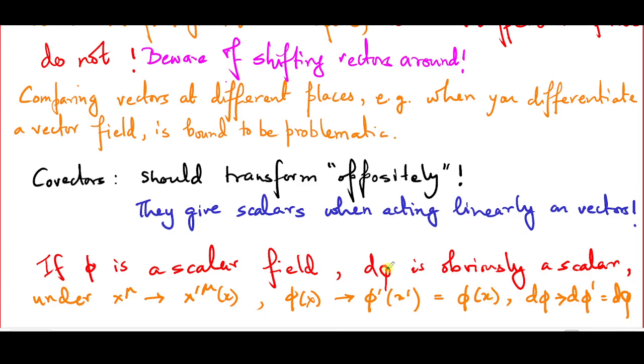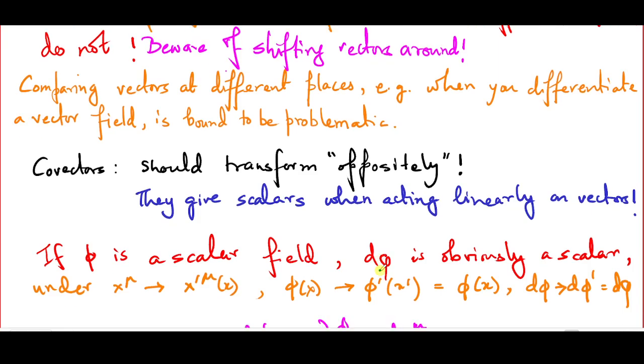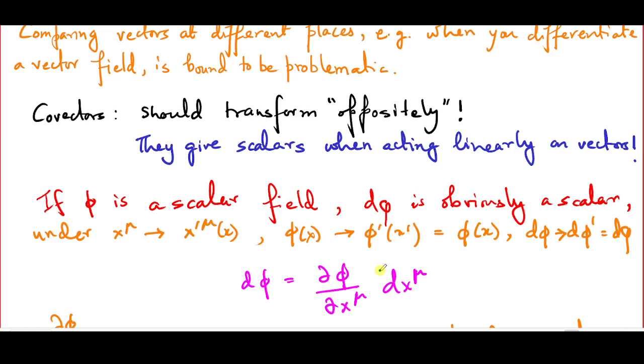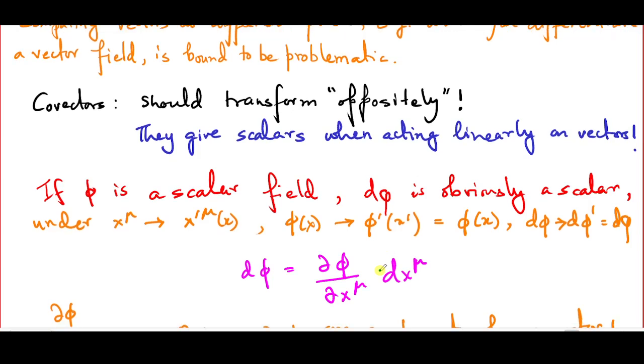Now if this happens, of course the change in the scalar field between two neighboring points also stays the same. So d phi, the change in the scalar field, goes over to d phi', which has to be the same as d phi, which is exactly what we meant when we said d phi is obviously a scalar. Now, calculus tells us that d phi, seen as a function of x^1, x^2, x^3 up to x^d, is simply ∂phi/∂x^μ times dx^μ, of course summed over all possible values which the index μ can take.